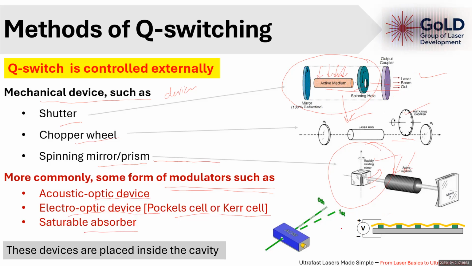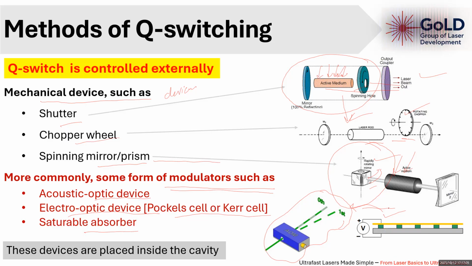And acousto-optic and electro-optic devices and saturable absorber devices will also be in the cavity, okay? So we'll see how it works. Maybe this figure is not very clear here. It just shows an acousto-optic device, and these are the voltages which are operating this acousto-optic device.